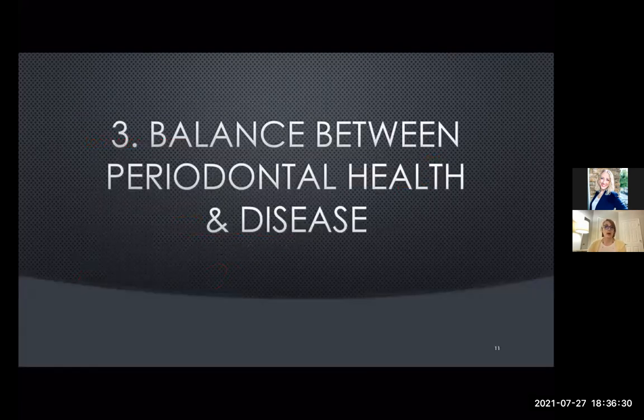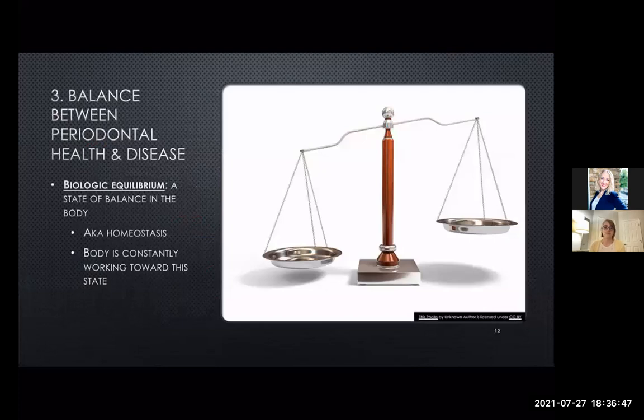So now we're going to talk about the balance between periodontal health and disease. If you think of a scale, on this side you have health, and this side you have disease. That's what we're kind of juggling here. So biologic equilibrium: biologic, study of life; equilibrium, equal.